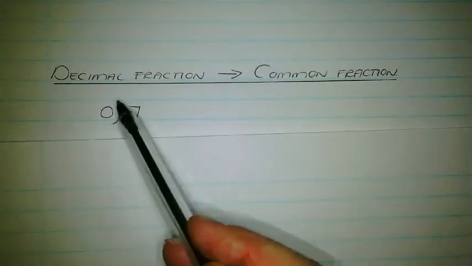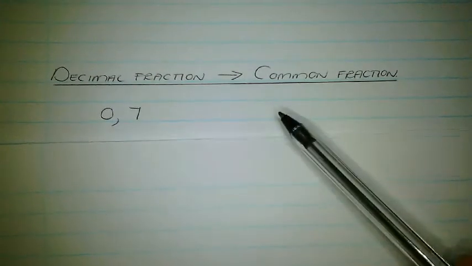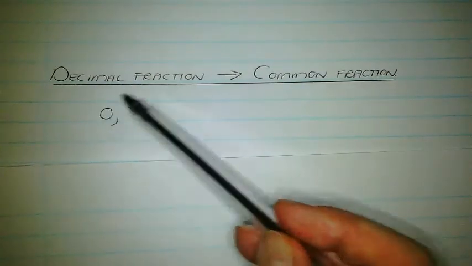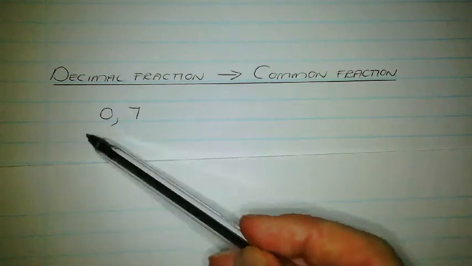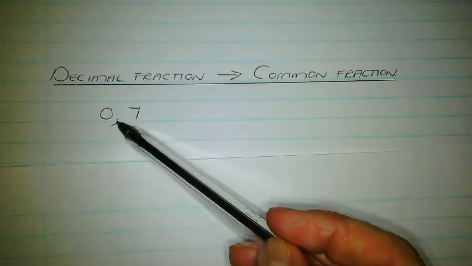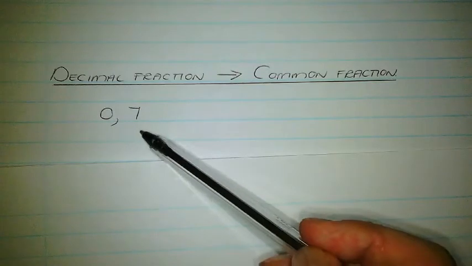Now to start off with, I'm going to put certain rules in place for you, or steps that you can follow to be able to write or convert the decimal fraction to a common fraction. Okay, to start with the decimal fraction, remember you have to know that the comma indicates that it's a decimal fraction.